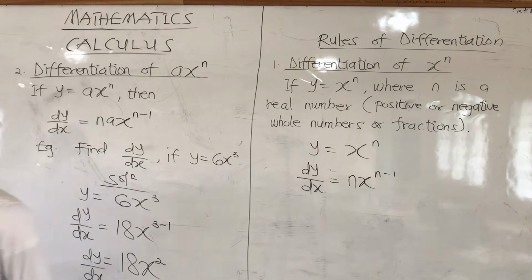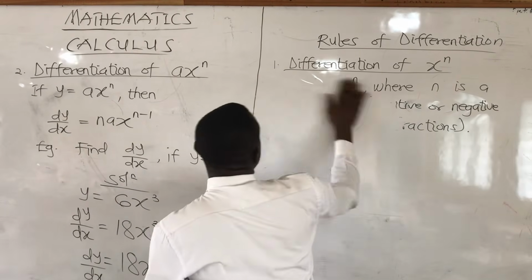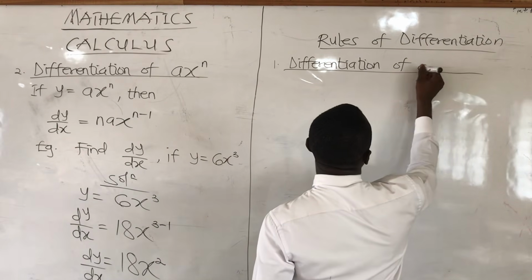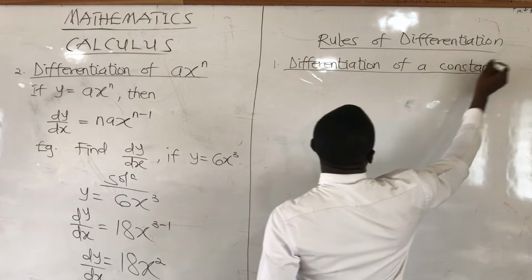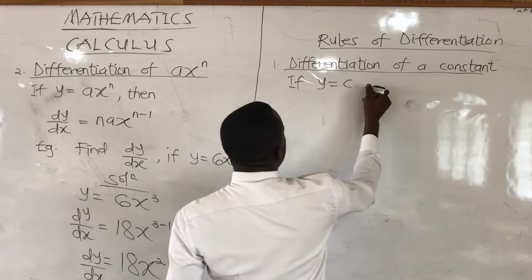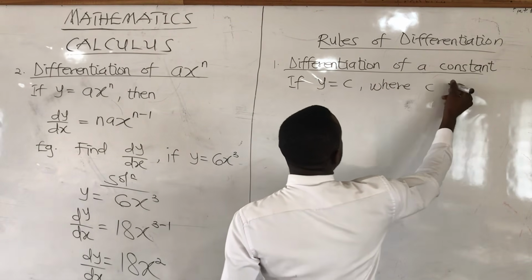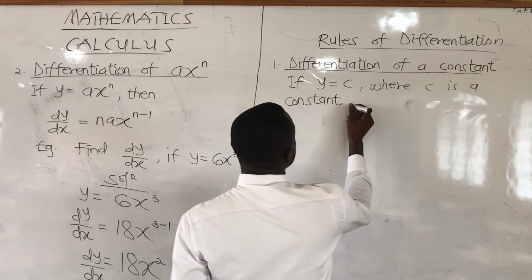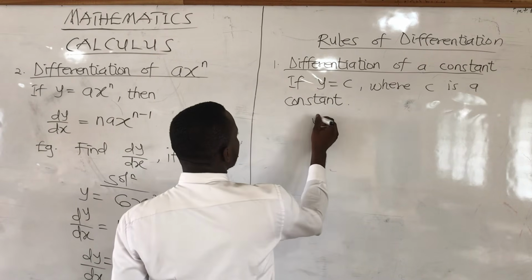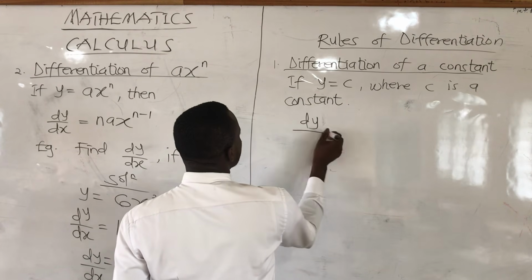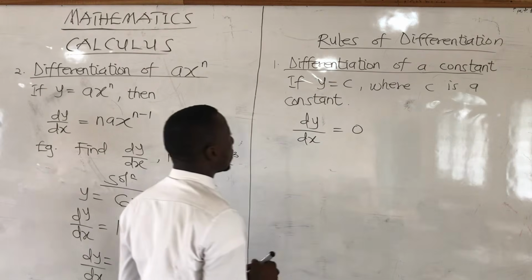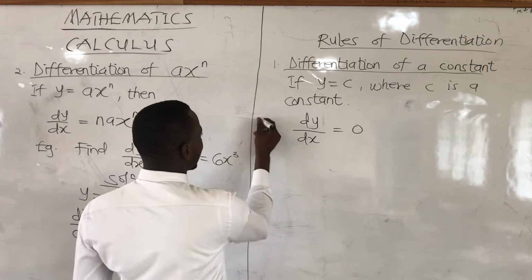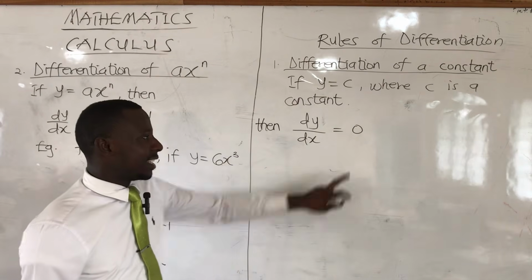Let's look at the last rule of differentiation. So if y is equal to c, where c is a constant, then dy over dx is 0.